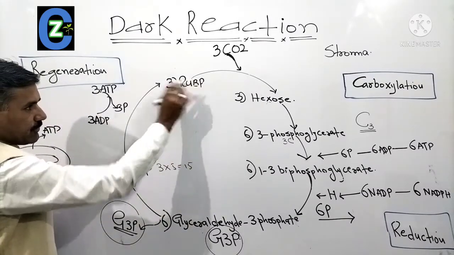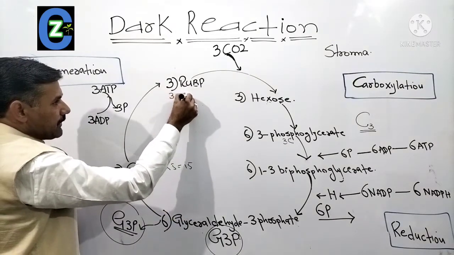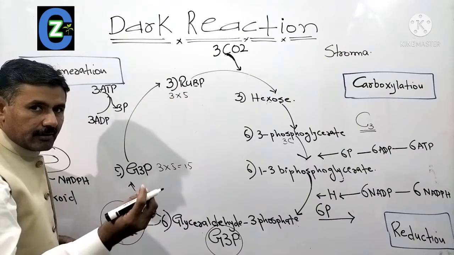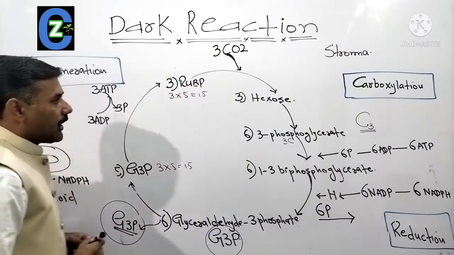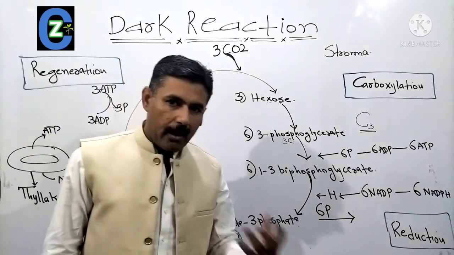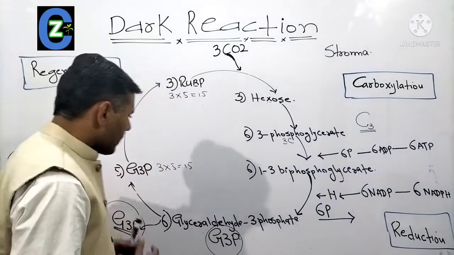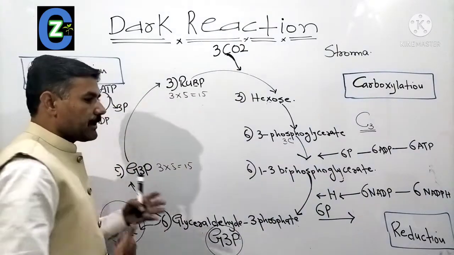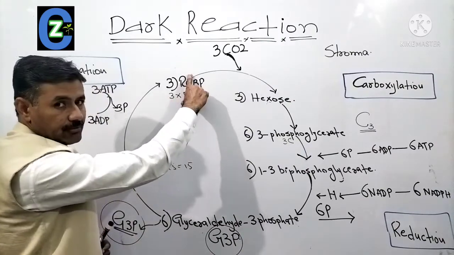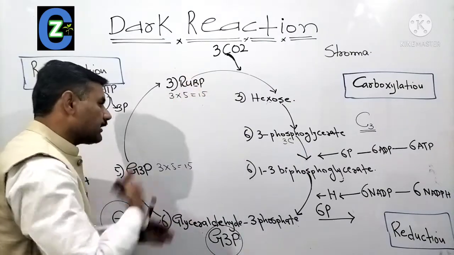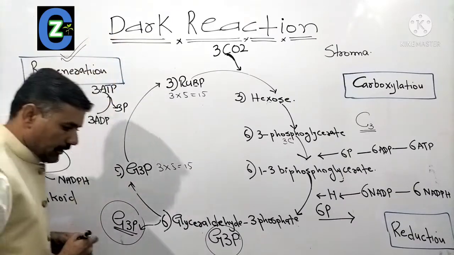Similarly, we are going to produce 3 molecules of RuBP, and each RuBP has 5 carbons. Again, we need 15 carbons to regenerate 3 molecules of RuBP. That means we have the same number of carbons. We simply have to rearrange the triose into pentose forms. And this rearrangement takes place by a process that is called regeneration.